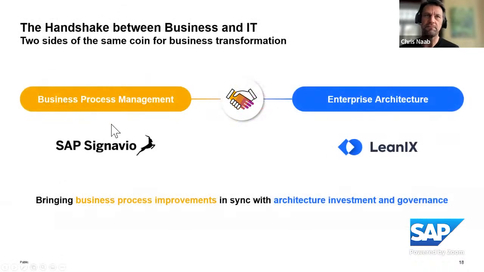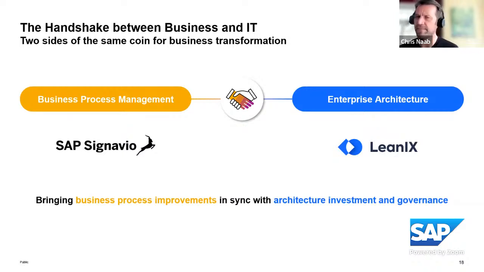Okay, let's talk a little bit more about the methodology and how those two disciplines, business process management, supported by SAP Signavio, and enterprise architecture, that's really what LeanIX stands for, come together and connect, and how bringing business process improvements orchestrated by Signavio in sync with architecture, investment, and governance supported by LeanIX together is a really powerful combination.